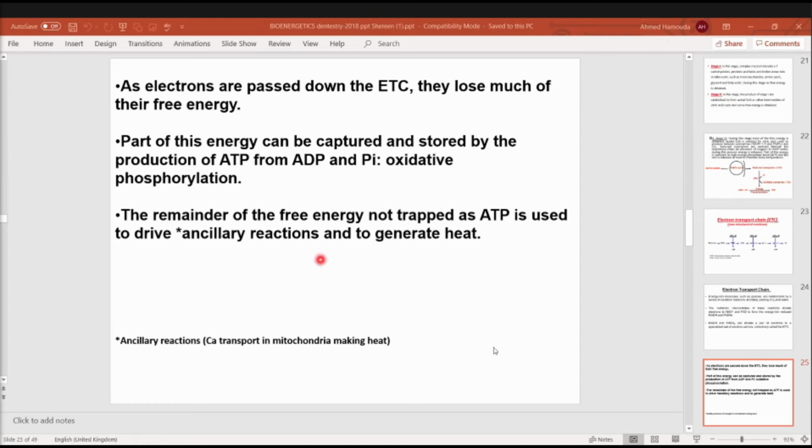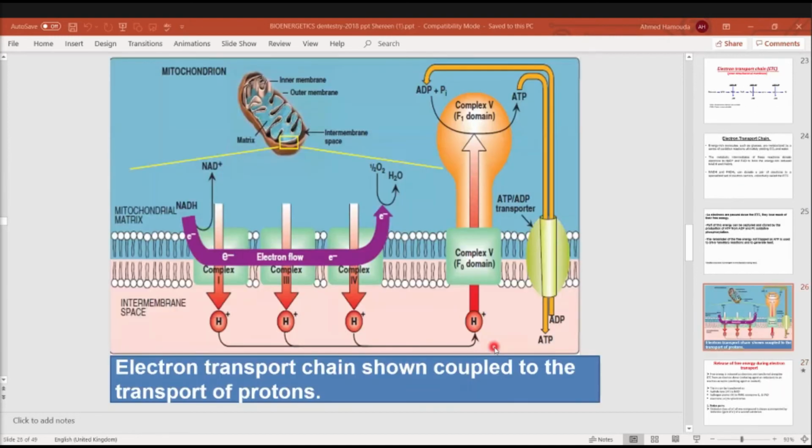So this is basically the electron transport chain. Let's go slowly. This is the mitochondria. Let's first look at the structure of the mitochondria, because its structure is very important.